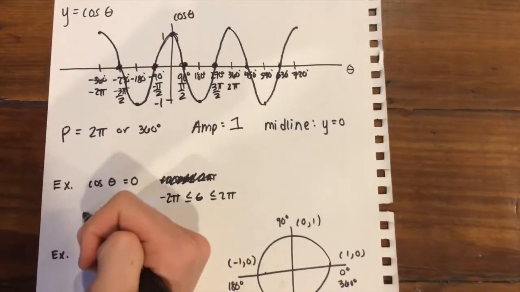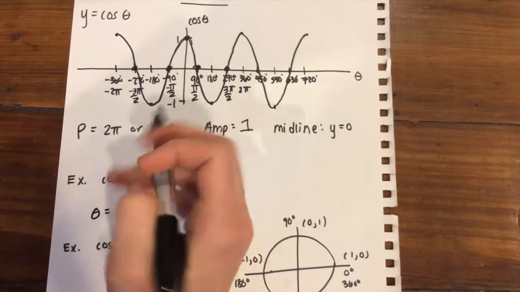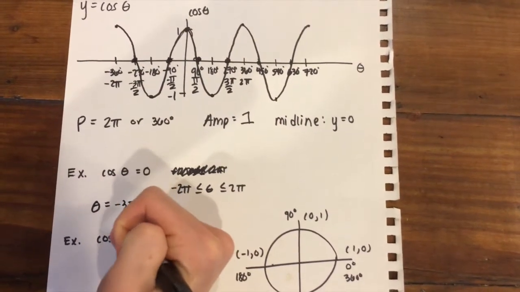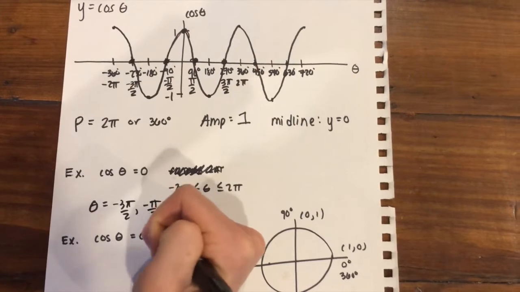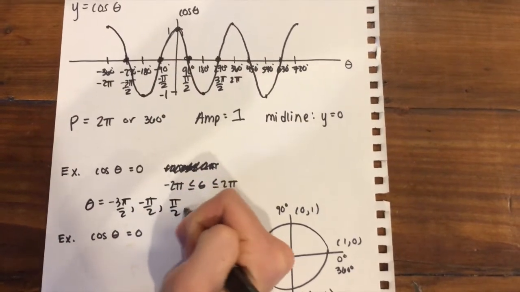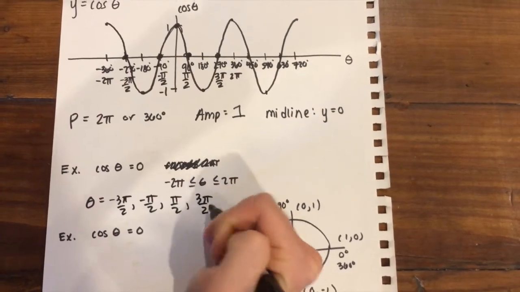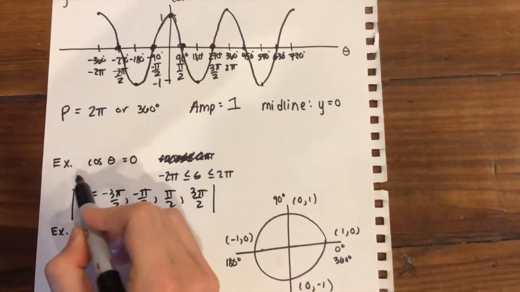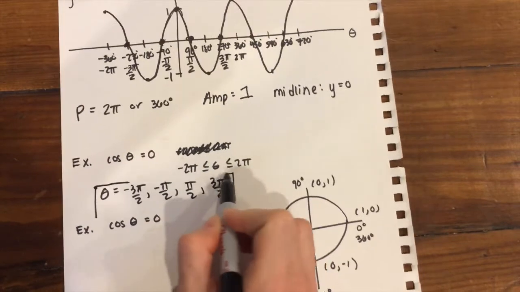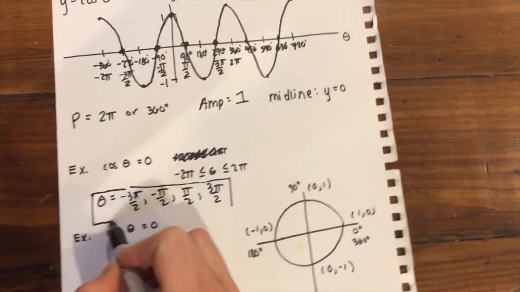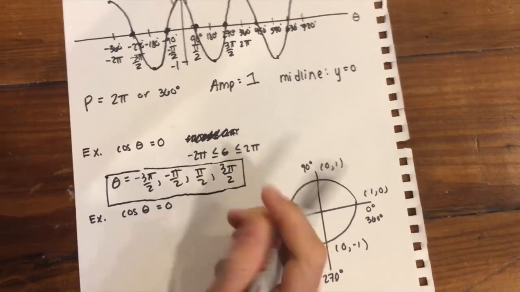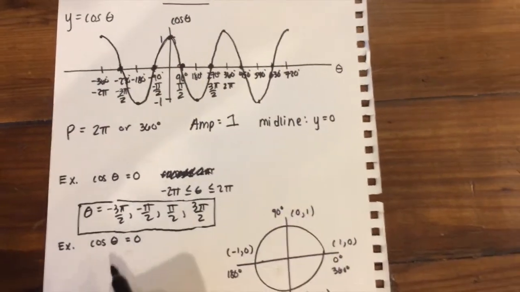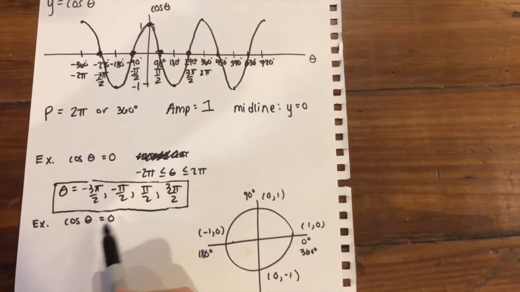All right, so theta equals negative 3 pi over 2, negative pi over 2, pi over 2, and 3 pi over 2. And those are your solutions, and there's only 4 of them because we're only looking between negative 2 pi and positive 2 pi.